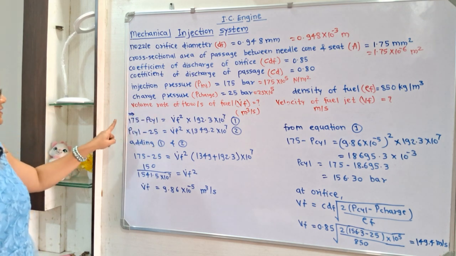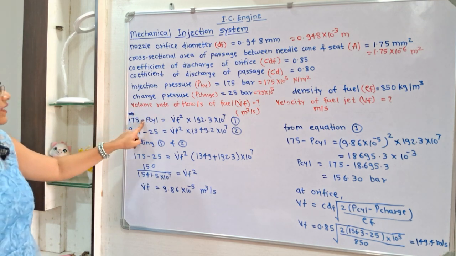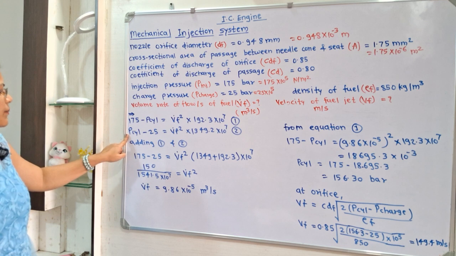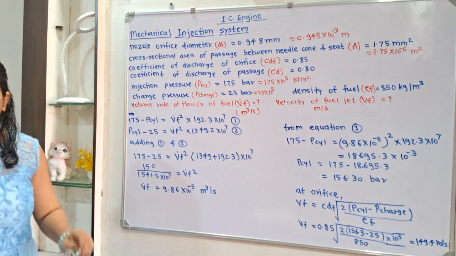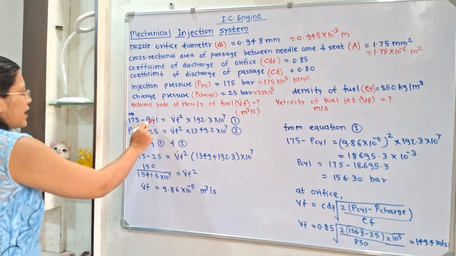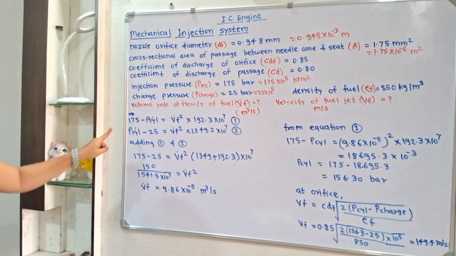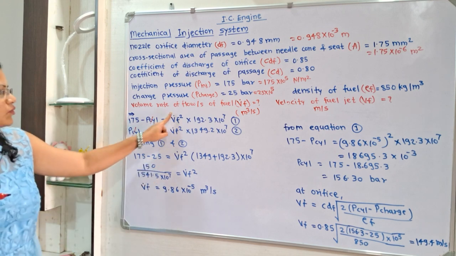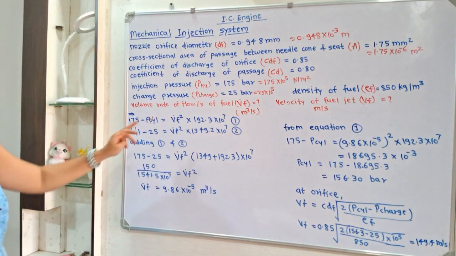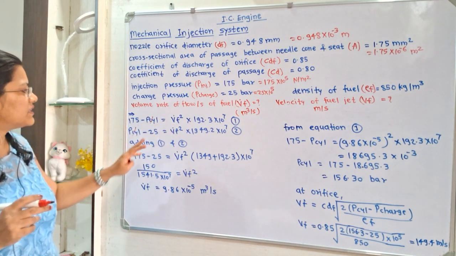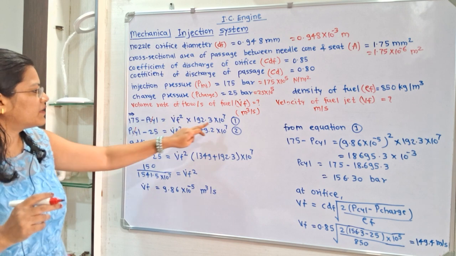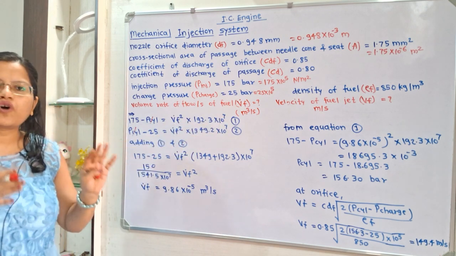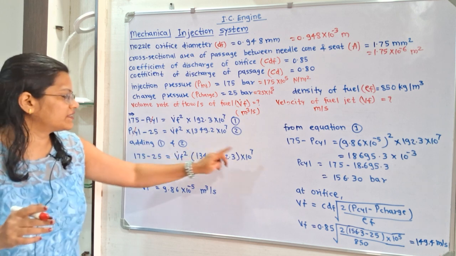So on the left hand side it will become 175 minus P cylinder plus P cylinder minus 25. So this P cylinder and P cylinder get cancelled, and it is 175 minus 25 is equal to, now on the right hand side when we add these two equations, V dot F square and this 10 raised to 7 are common terms. So we will take them outside the bracket.